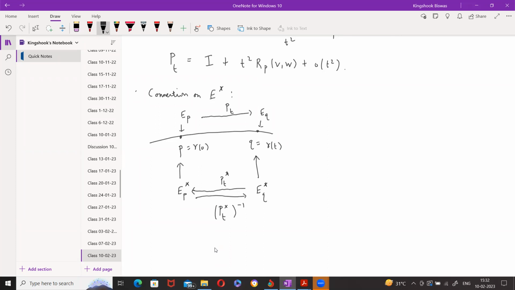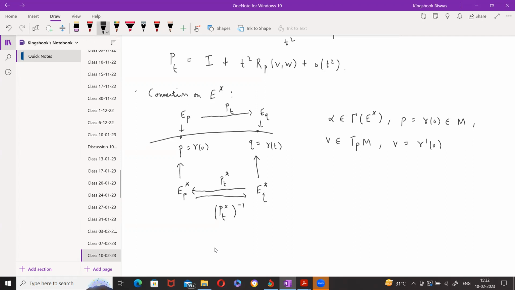Now suppose I have alpha, which is a section of the dual bundle. I have a point P equal to gamma 0 in M, and I have a vector V in T_P M such that V is equal to gamma prime 0.